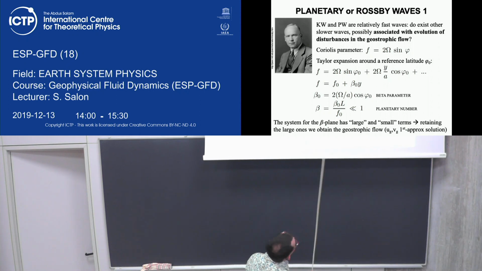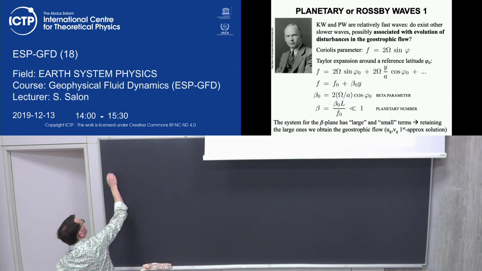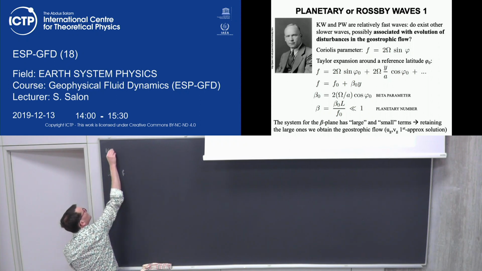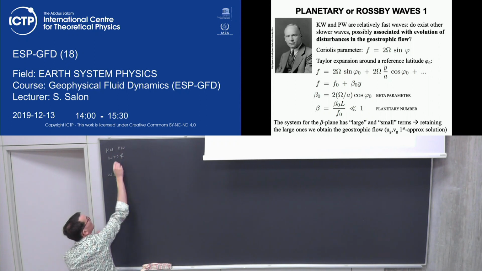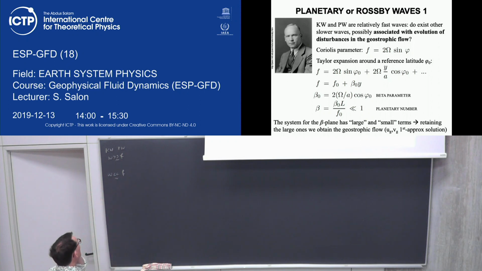So at the end, what we obtained is that the planetary and the topographic waves that we see today are characterized by the fact that omega is much smaller than f or of order f, while Kelvin and Poincaré have omega larger, at least from f to larger values of f, so higher frequency.